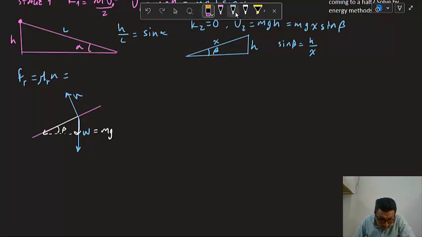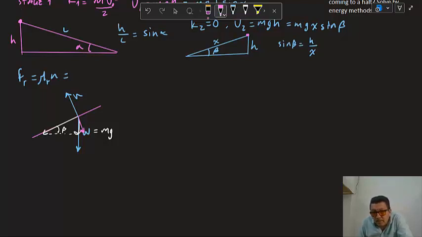We need the real normal, the normal that is supporting the truck at this point. So, what is the magnitude of this component?